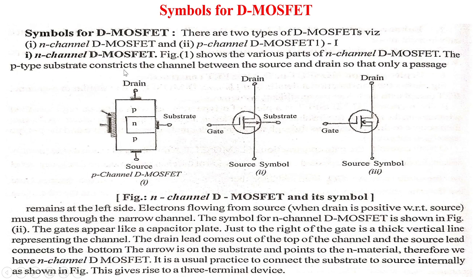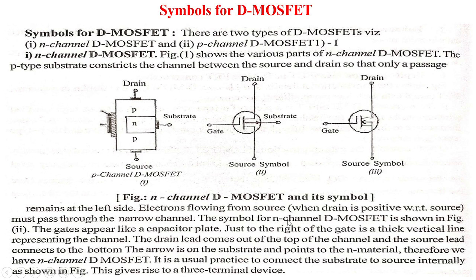The P-type substrate constricts the channel between the source and drain so that only a passage remains at the left side. Electrons flowing from the source, when drain is positive with respect to source, must pass through the narrow channel.